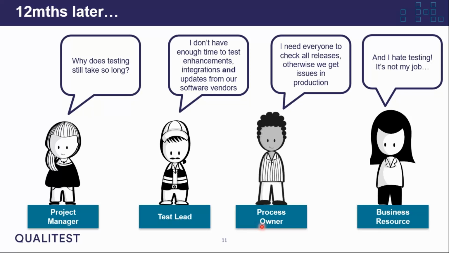So with the focus on automation, what we typically find when we go into organizations that have automated is they go through a period where they're getting some benefit from automation, but ultimately 12 months later, they're in a very similar position. Testing is still taking too long. Quite often the automation packs take a long time to set up. They need a large group of people to manage and maintain.